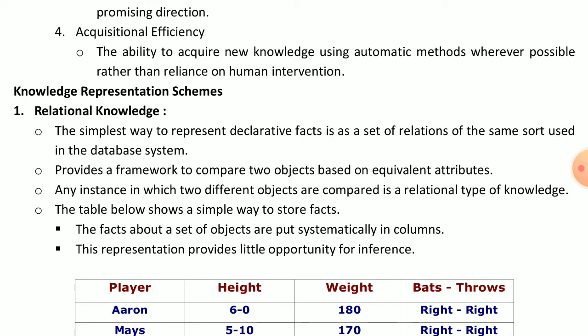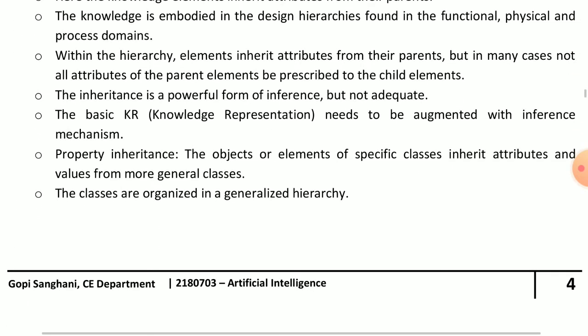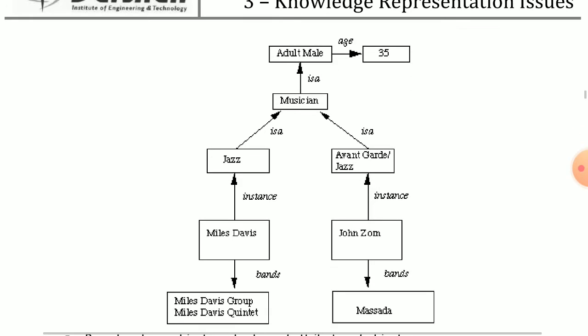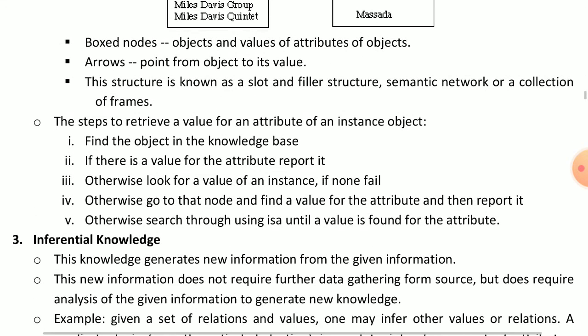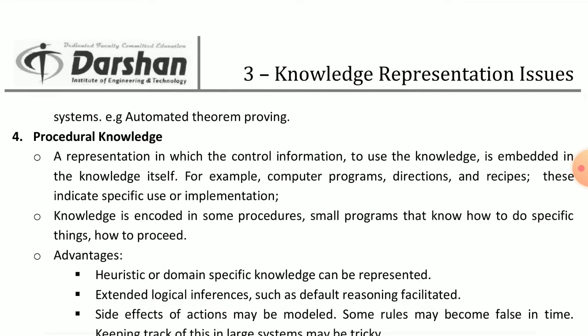Now the second subtopic, which is named knowledge representation schemes. Here four different schemes are given. First is relational knowledge, second is inheritable knowledge, third is inferential knowledge, and fourth is procedural knowledge.